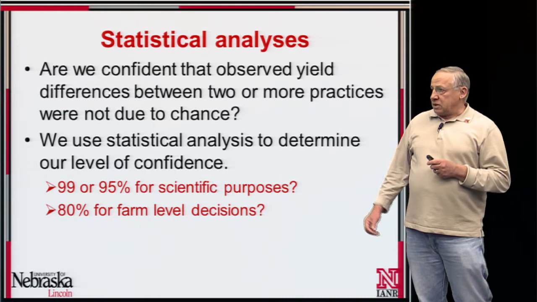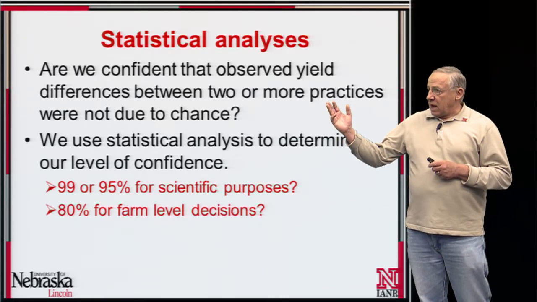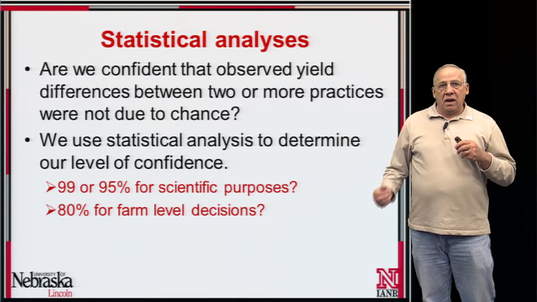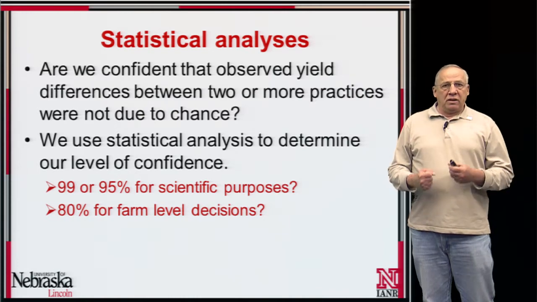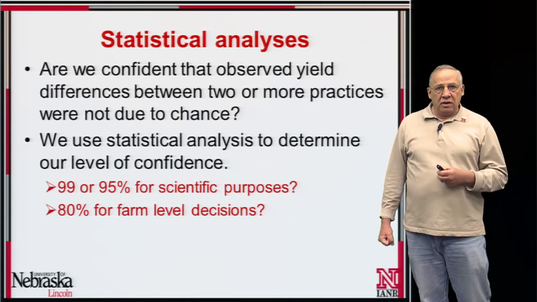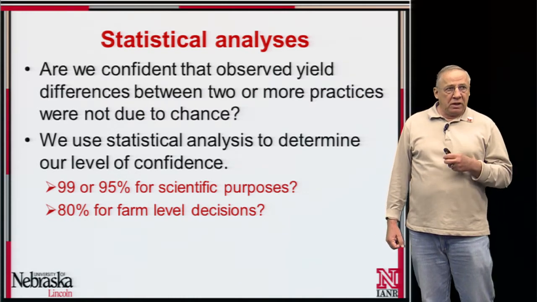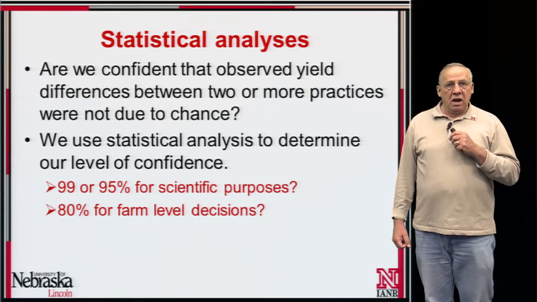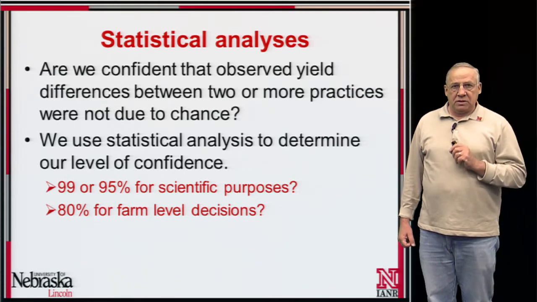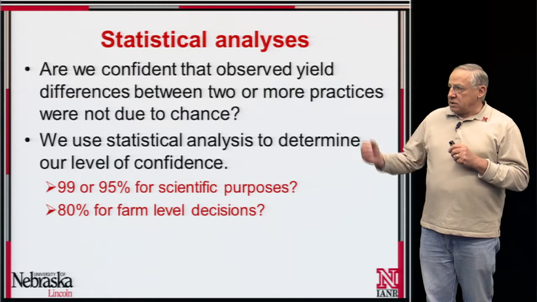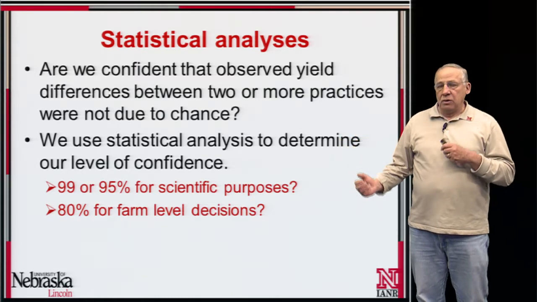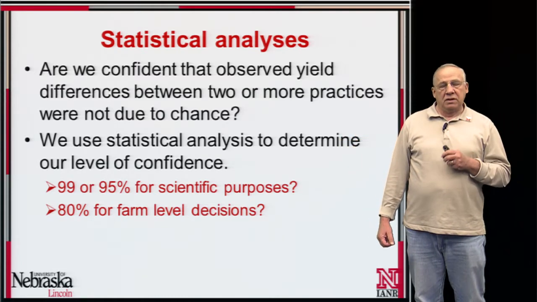The reason we do the statistical analysis is that we want to know how confident we are that the observed yield differences between two or more practices were not due to chance. And we use statistical analysis to determine our level of confidence.